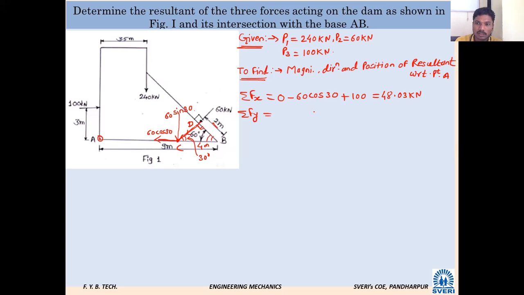Now summation Fy. The y component of the first force is minus 240.